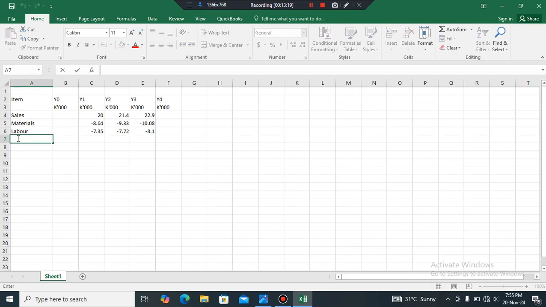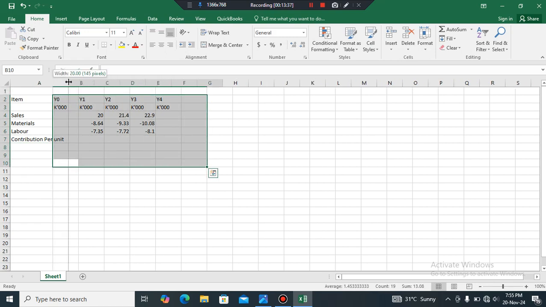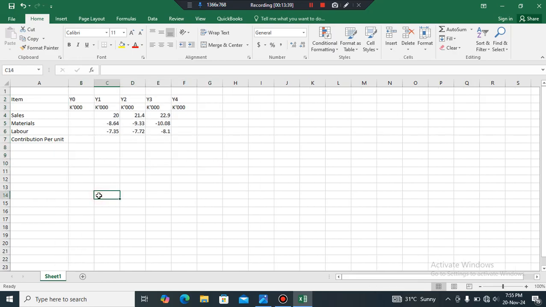We need to find the contribution per unit. So this amount that we find here is the contribution per unit. Alright, so let's do the math.